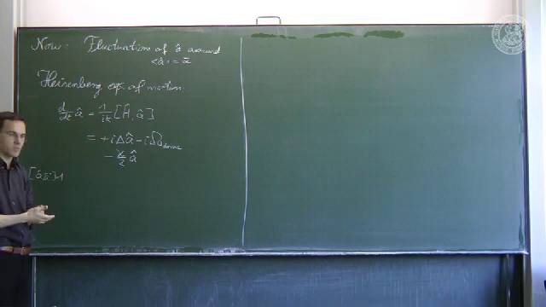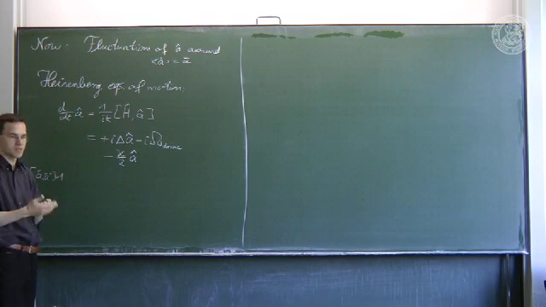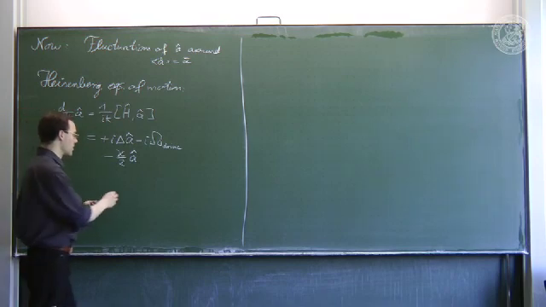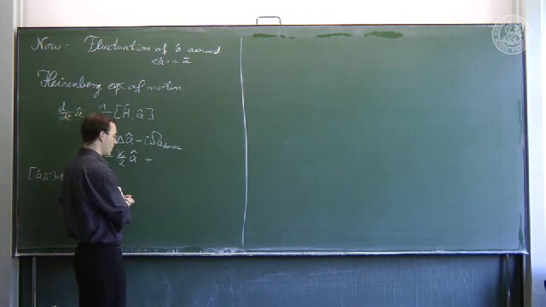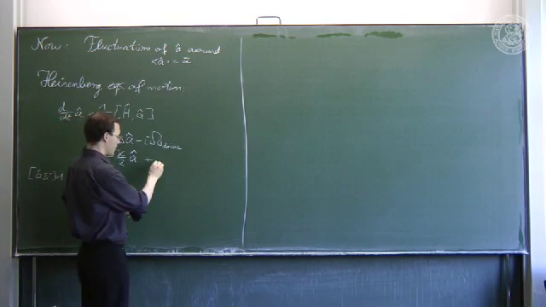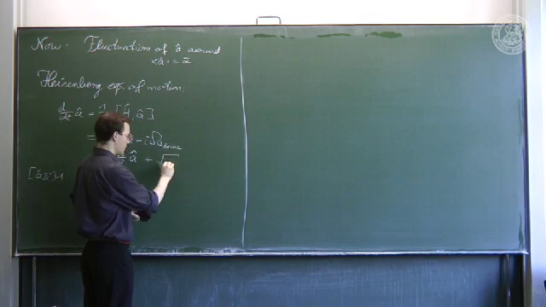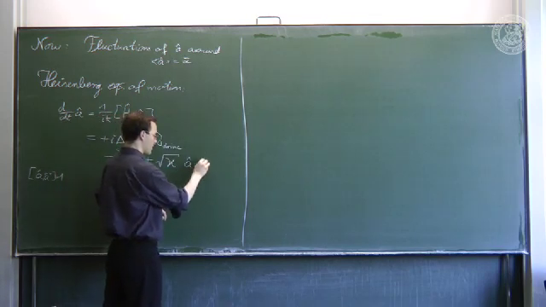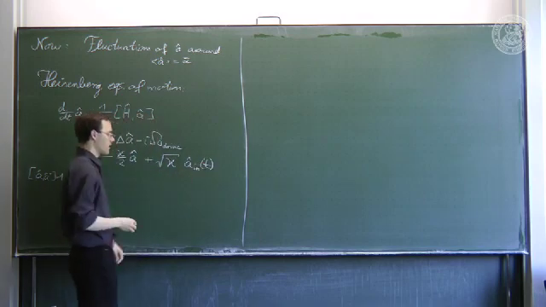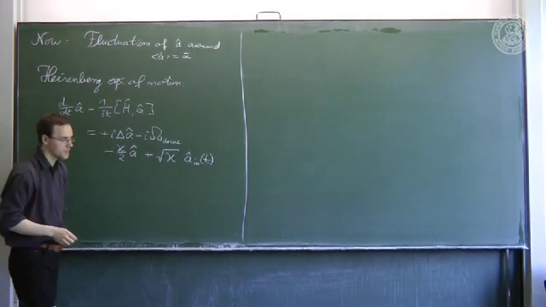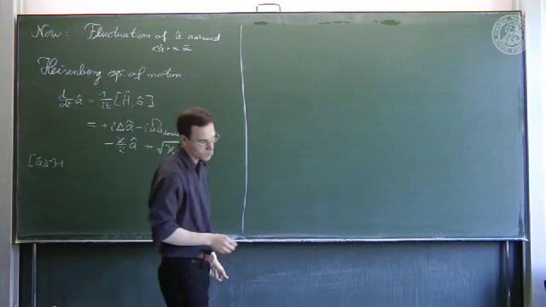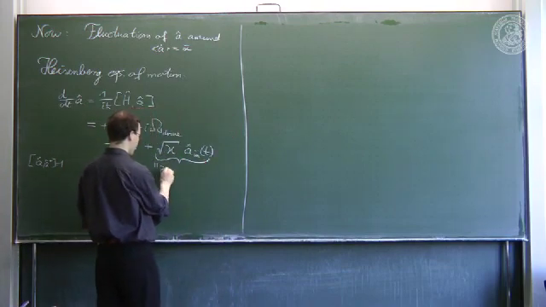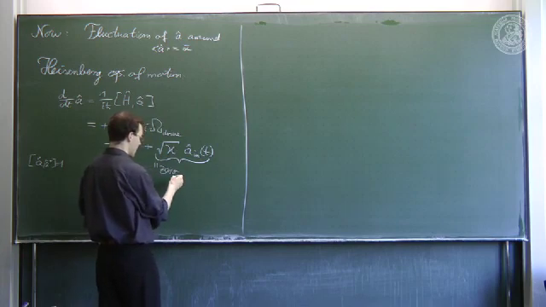But even at zero temperature, in a correct quantum description, there is a fluctuating force. It's usually called zero-point fluctuations. And so in this case, there will be an additional term, and depending on how you normalize the operators, it may look like this, namely square root of kappa times some fluctuating A in. So these would be the zero-point fluctuations that enter the cavity from the outside.